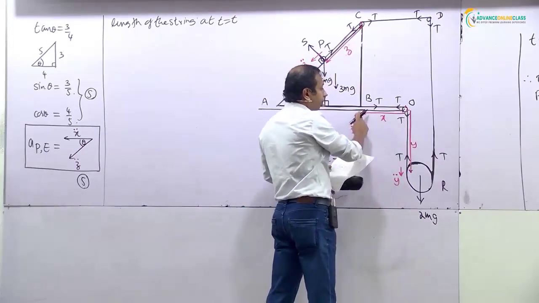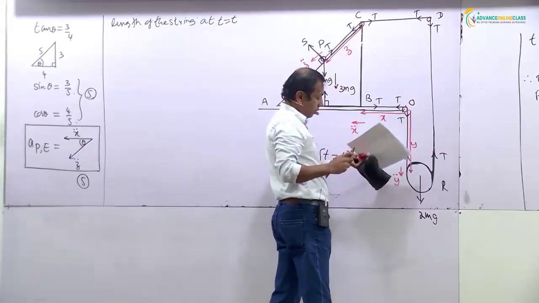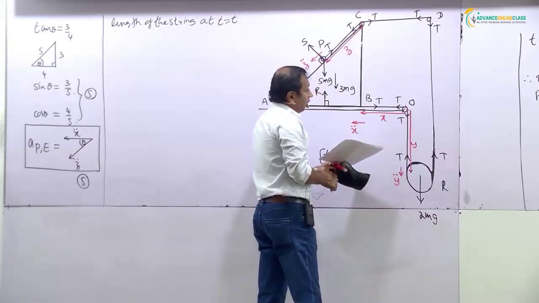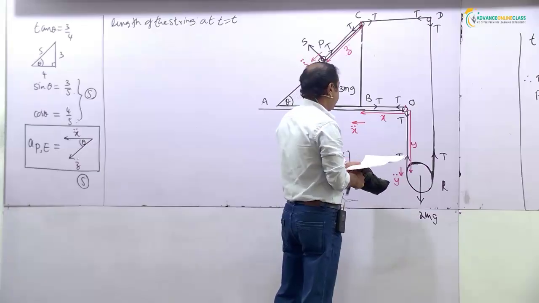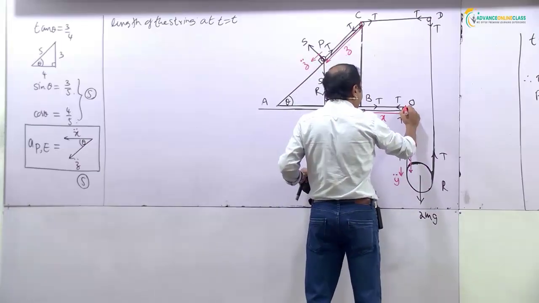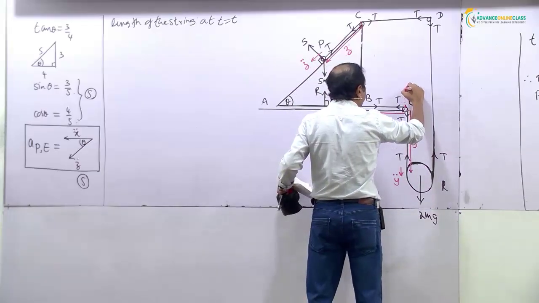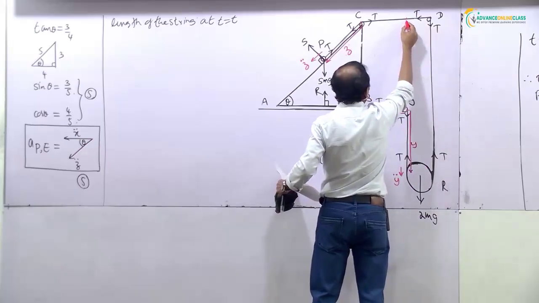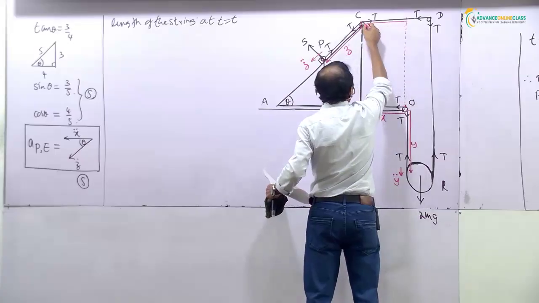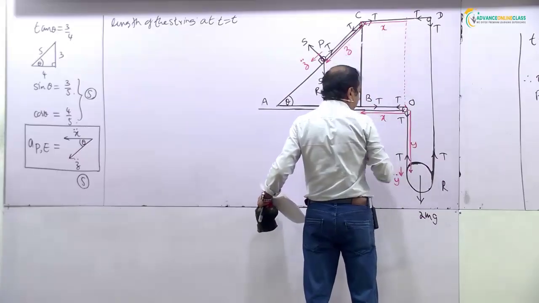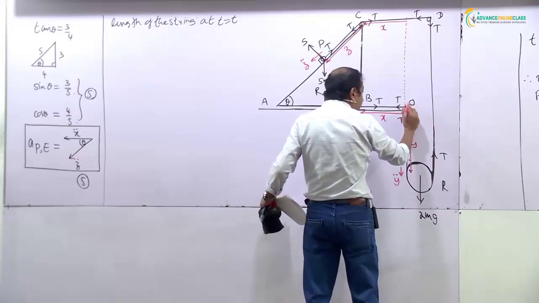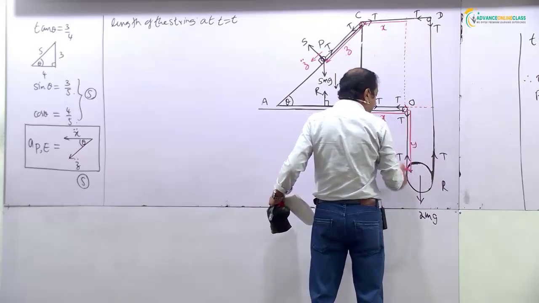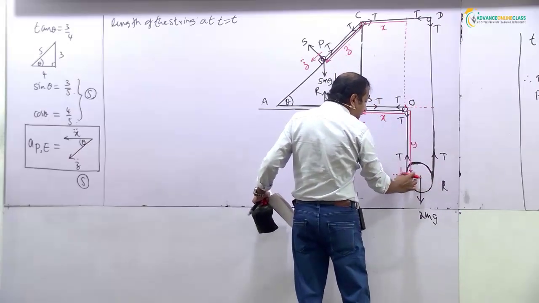Okay, but length, this is 6, right? Then if I draw a vertical line here, this way, therefore this is also x. The length between these two is the diameter of this, and that is a constant, diameter constant, no?